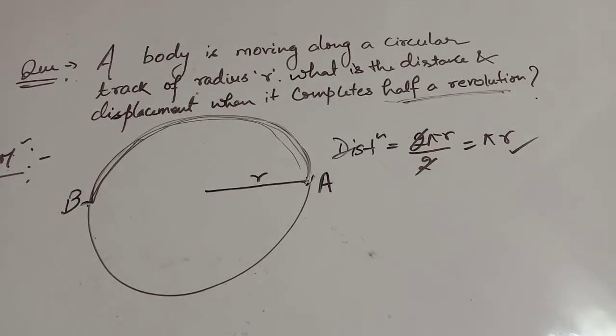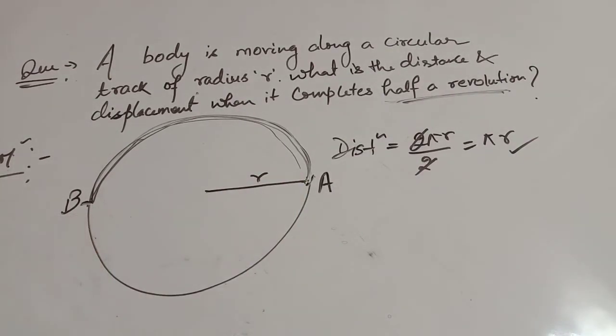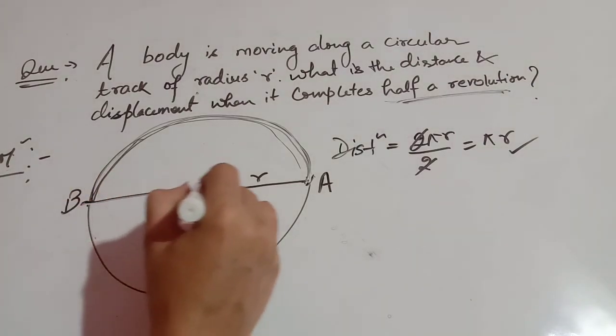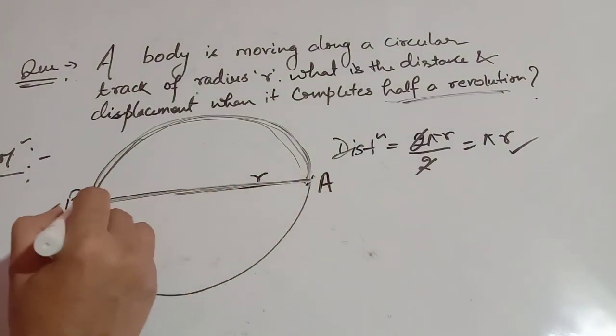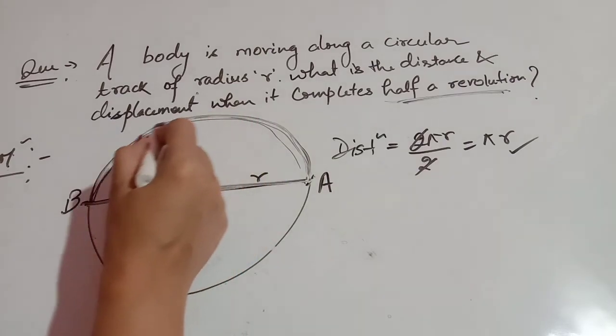Now for displacement, again you think which point is the starting point and which point is the end point, meaning the initial and final position of the object. So A is the initial position of the object and B is the final position of the object. Now join these 2 points A, B. When we join these 2 points, again think which one is the shortest way to go from A to B. This is not the shortest way.